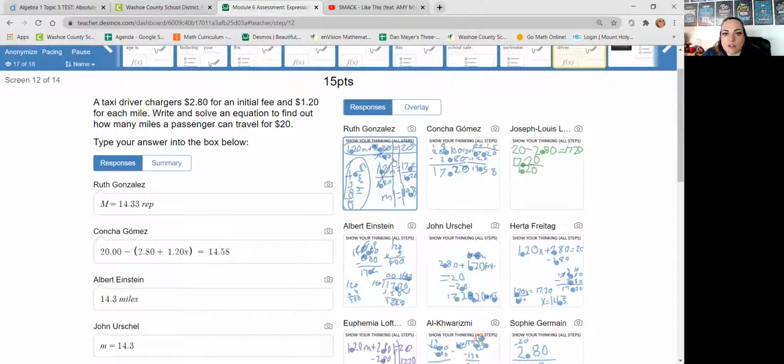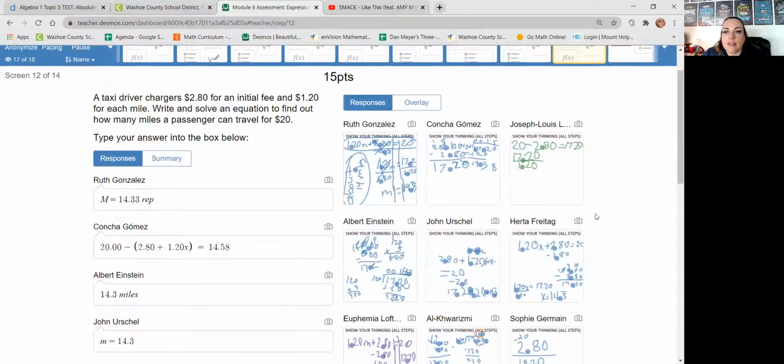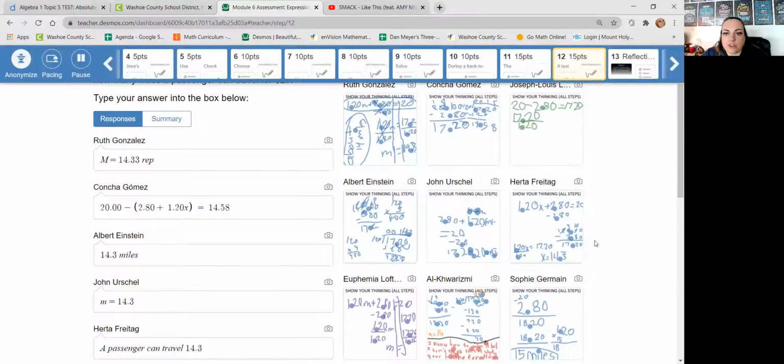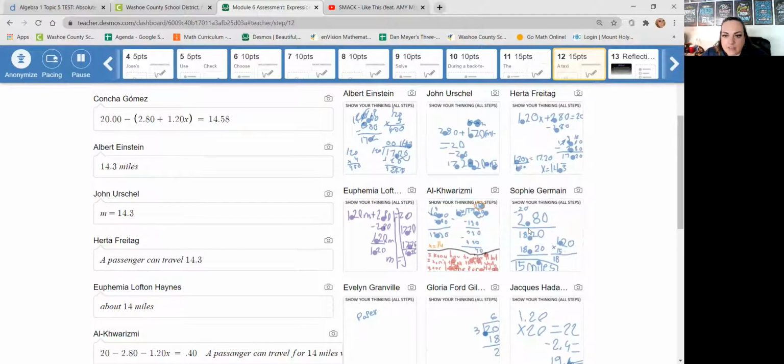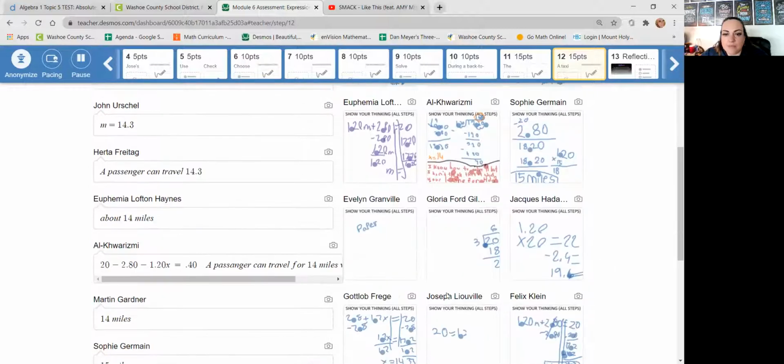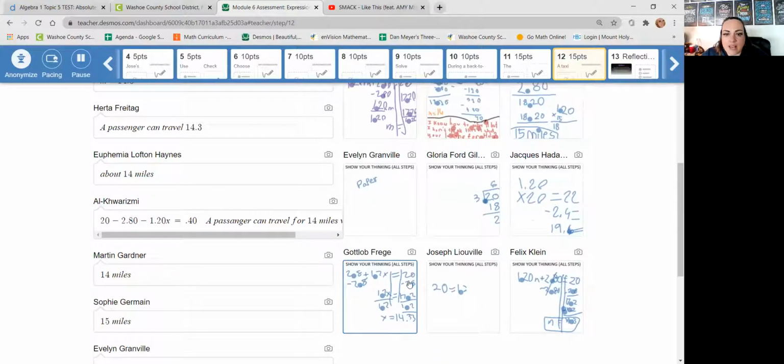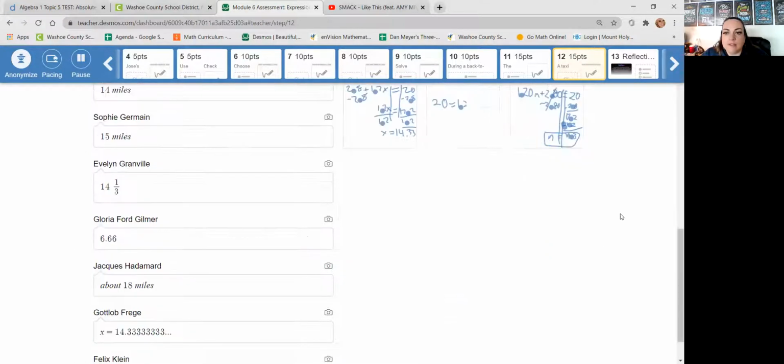So I'm looking for something like this, where you write an equation that equals 20, you show your variable, you have your constant of 280 and your price per mile is $1.20. Then show your steps for solving. Organized, one step at a time, showing the math on both sides, bringing down what's left, showing it on both sides.